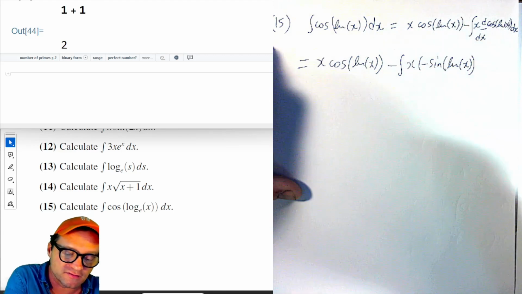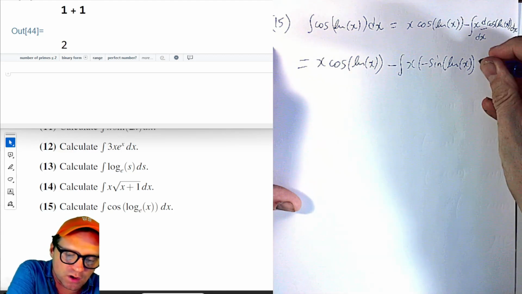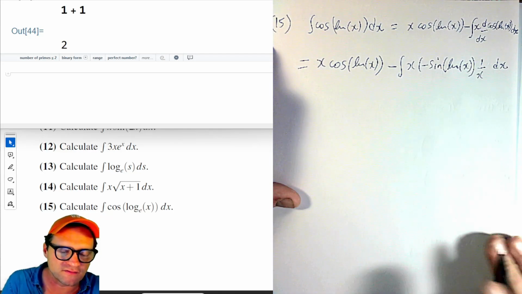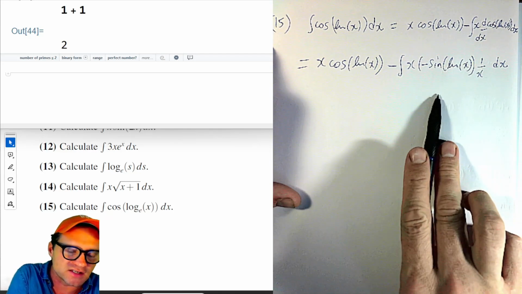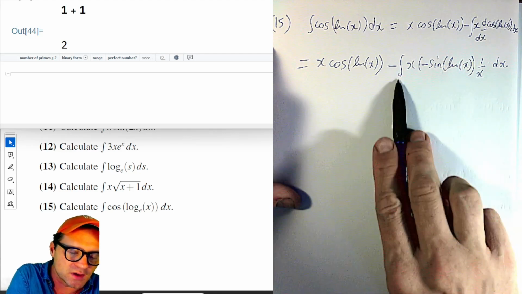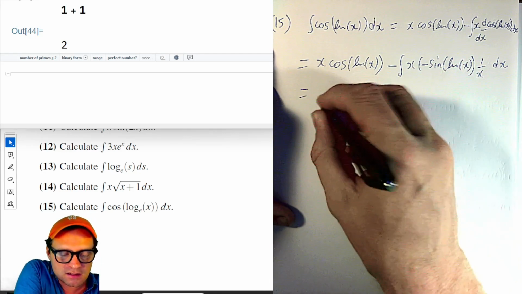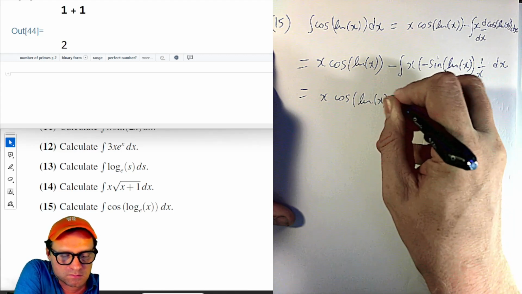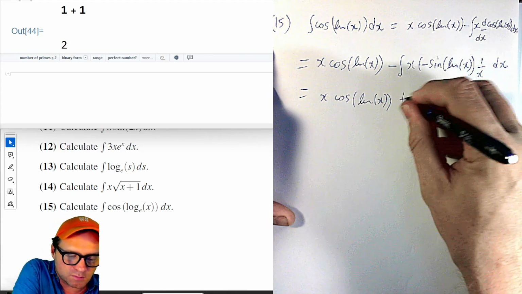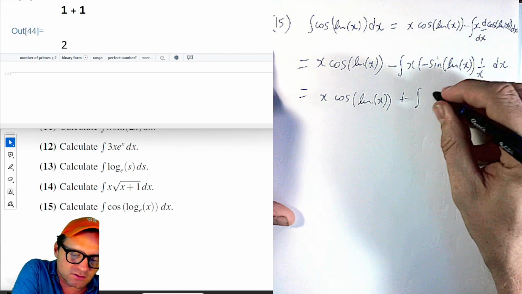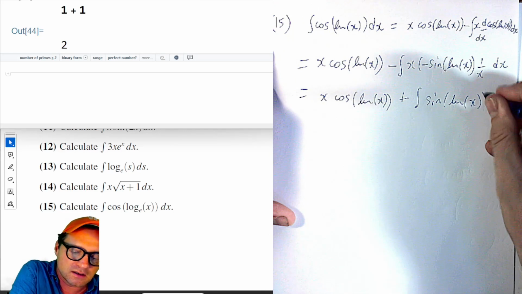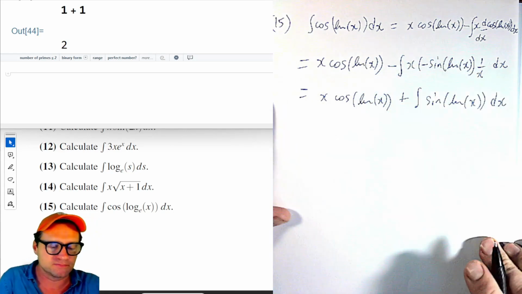Now the derivative of natural log of x with respect to x is 1 on x. So we have this. Now we just need to simplify this one. There are two minus signs, and we can cancel an x. So plus the integral of sine of natural log of x with respect to x.